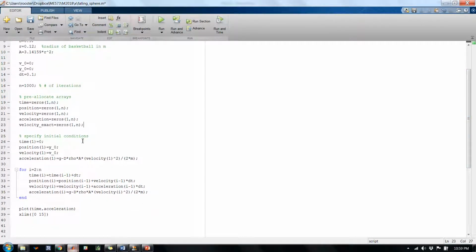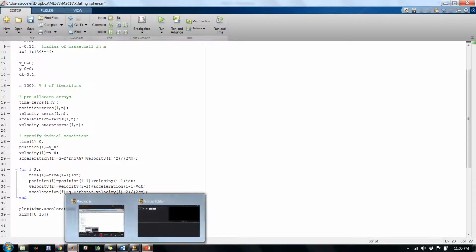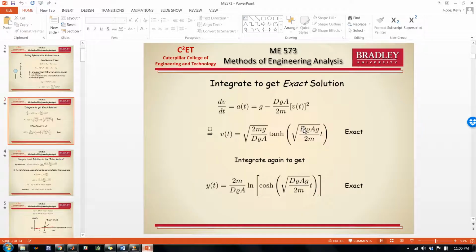Now, what we're going to do with this exact velocity, we're going to populate the memory locations in the velocity exact array with the values of the function. What function? This function right here, this hyperbolic tangent result for velocity, because we want to make a comparison of the velocity ultimately.